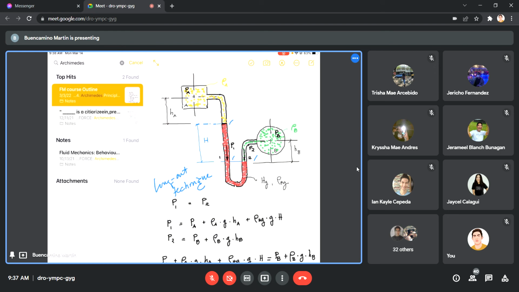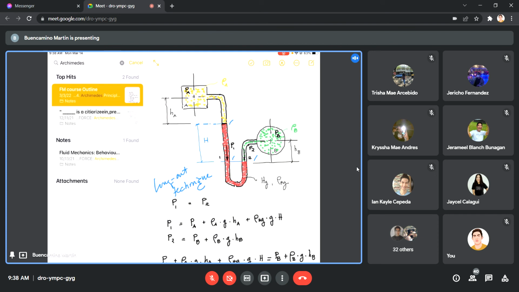So that would again be preceded by a positive sign. And the fluid under consideration is mercury. So I will have plus rho Hg times g times uppercase H.